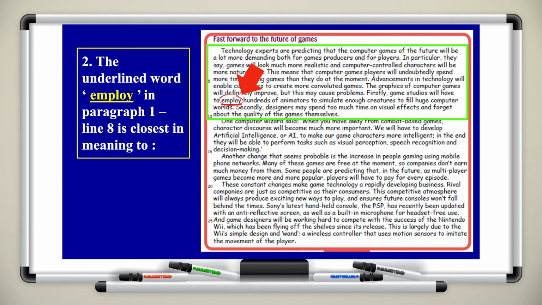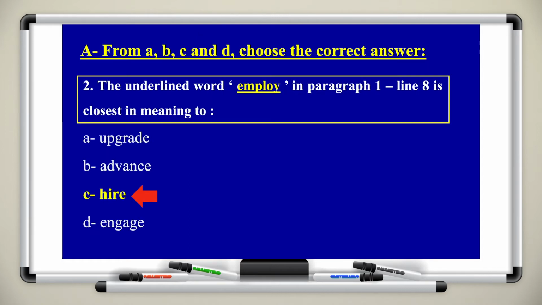So if you read the sentence, firstly, game studies will have to employ hundreds of animators to simulate enough creatures to fill huge computer worlds. So based on this context and this sentence, what do you think the answer will be? C, hire. Excellent job. If you didn't get the correct answer for this question, try again in the next one.